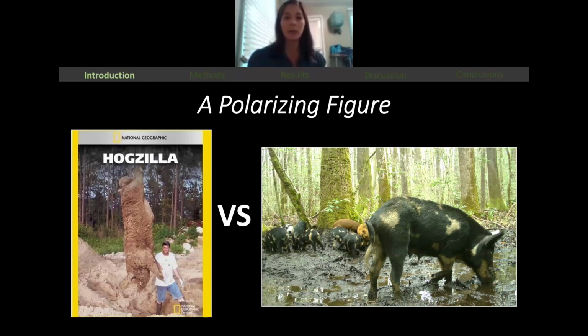Especially for folks that work in conservation or land management, they really want these pigs to be removed from the landscape or at least to reduce their numbers. So on one hand, people really like these pigs on the landscape for hunting, and they want to keep them there. And they even want maybe more pigs on the landscape. And then on the other hand, because pigs are so damaging, there are folks that want to eradicate them or at least decrease their populations.